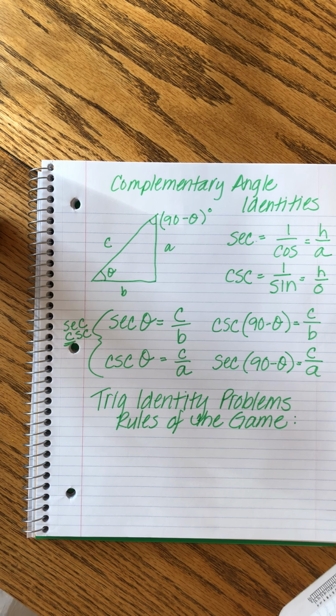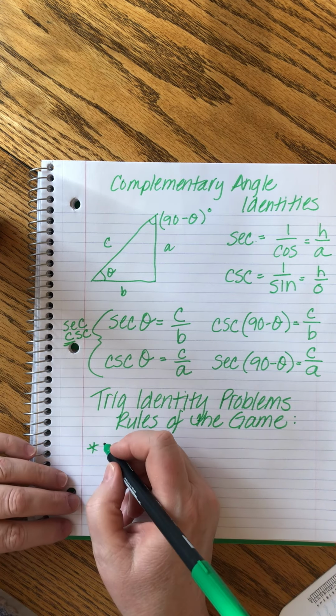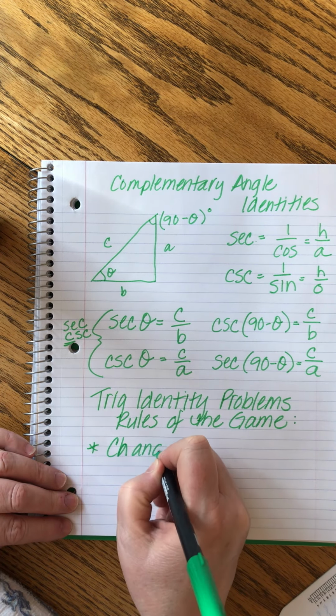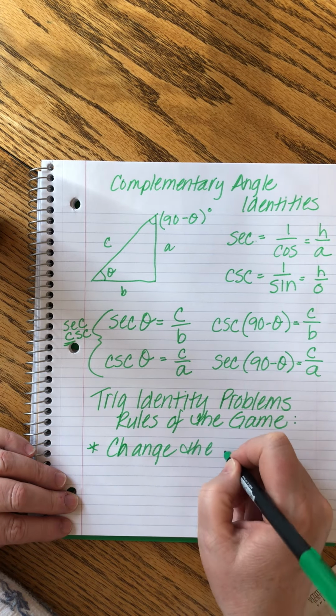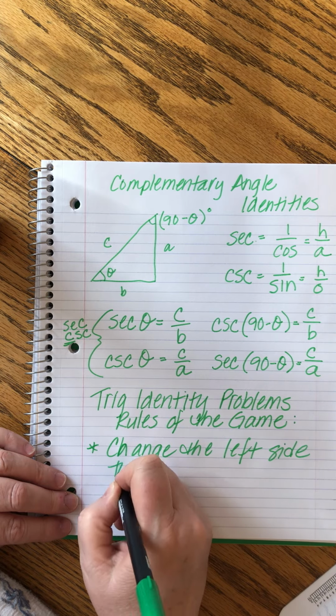And we're just gonna play them, and they'll get harder as we go, but just think of them as fun little brain teasers. Okay, so what we're gonna do is we're gonna be given an equation, and we're going to change the left side to look like the right.